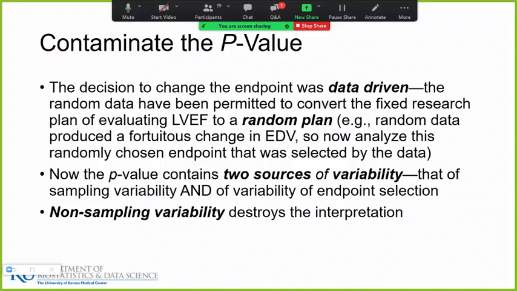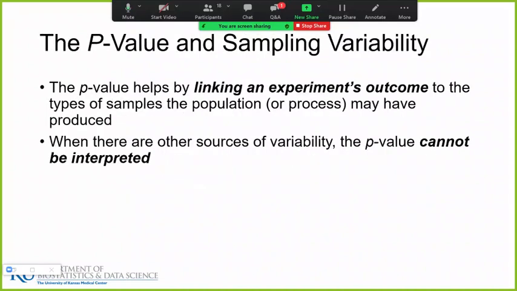So the non-sampling variability that results from endpoint switching or outcome switching destroys the interpretation, and that p-value is no longer the chances that the sample produced a result that is misleading in terms of showing a finding when a finding really isn't there. And so again, the p-value is linking an experiment's outcome to the types of samples the population or process produces, but when there are other sources of variability, it's not doing that anymore. It cannot be interpreted in the way that we have already described.